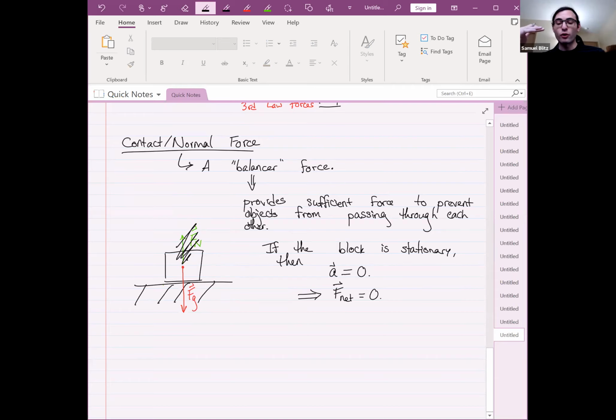If that normal force was not there, then the net force couldn't be zero because there's only one force. How could it be zero? It's just the gravitational force. So the normal force is there to cancel out the stuff that needs to be canceled out. So in this case, we would find that the magnitude of the normal force is equal to the magnitude of the gravitational force, even though they point in opposite directions.